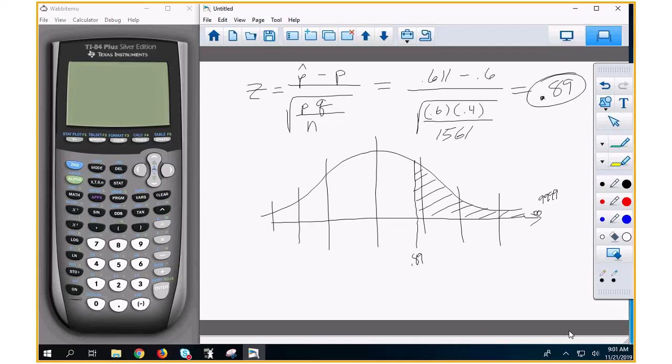Which one do we use? CDF. So what is 0.89 to 9999? I got 0.1864. Did y'all get that? 0.1864. And if you use the table, it is 0.8133, and then of course you got to get the right-hand side.